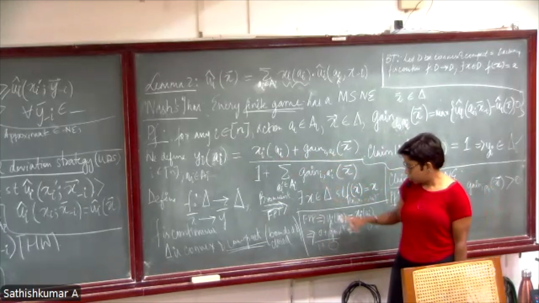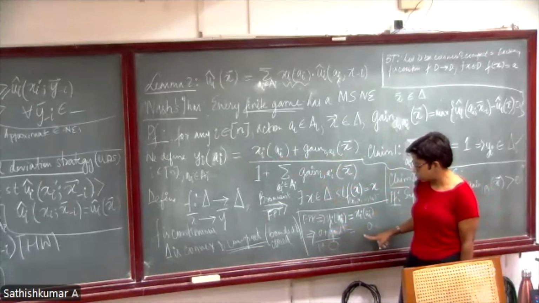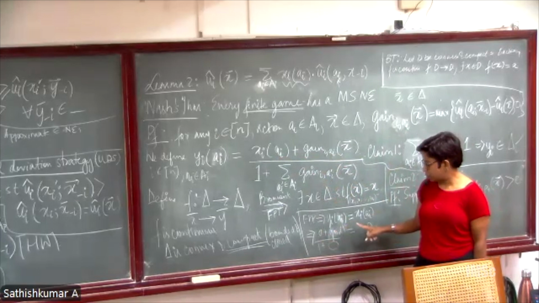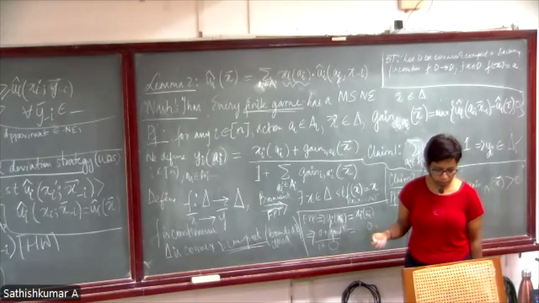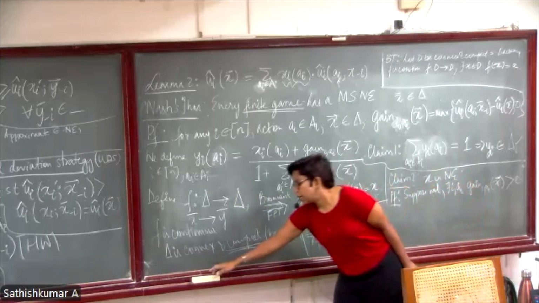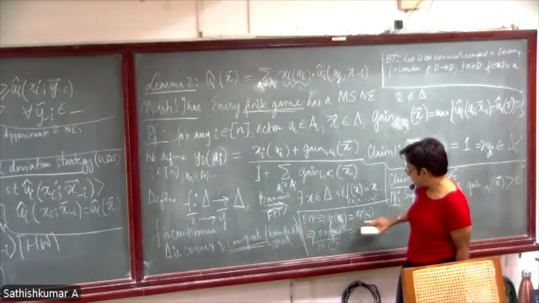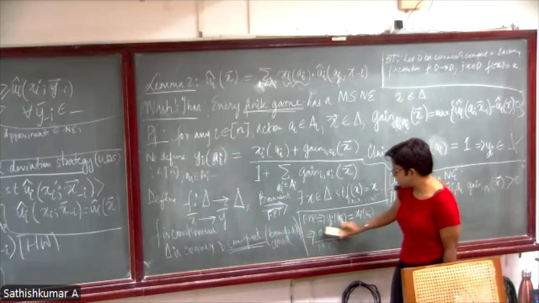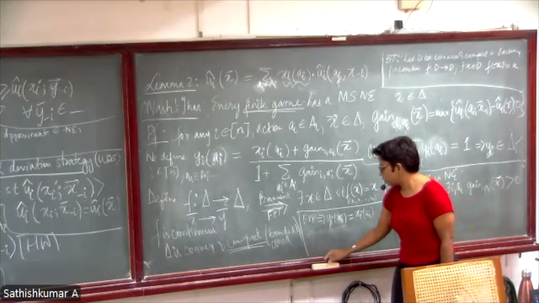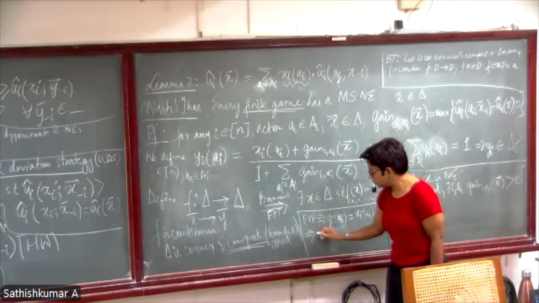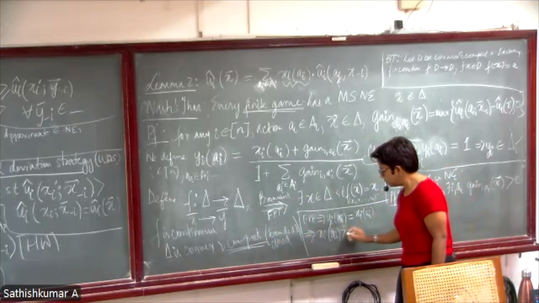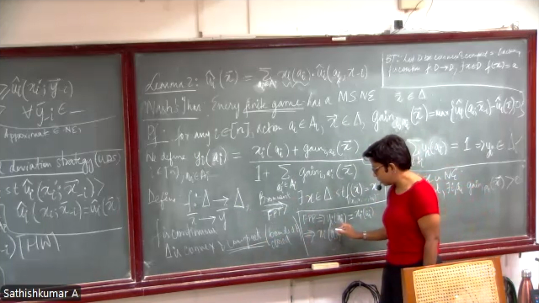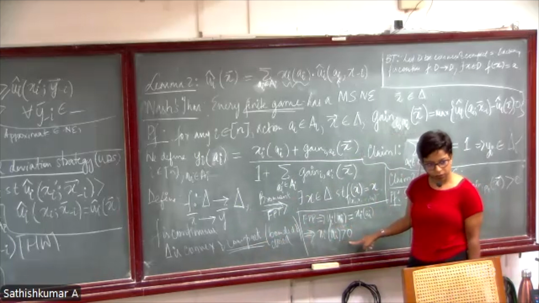So you get a left-hand side which is not equal to the right-hand side. But the fixed point theorem says they have to be the same. So xi ai cannot be 0. This just means that ai is in the support of x.